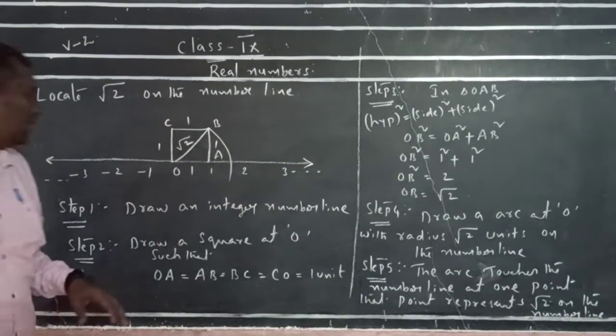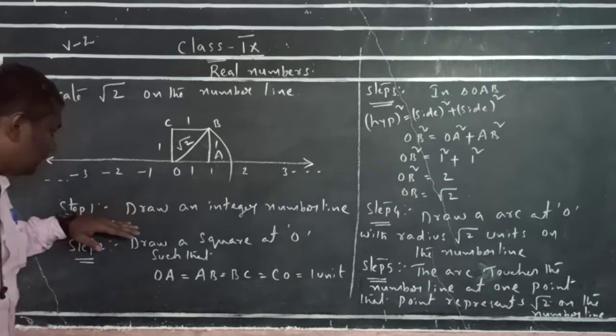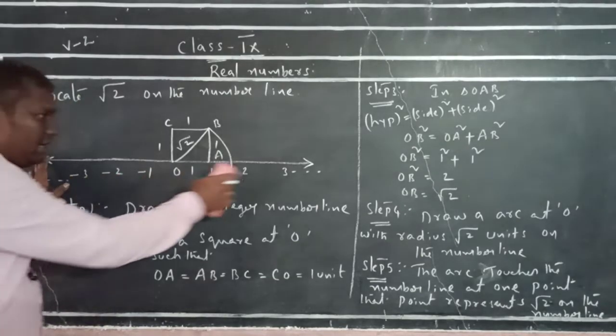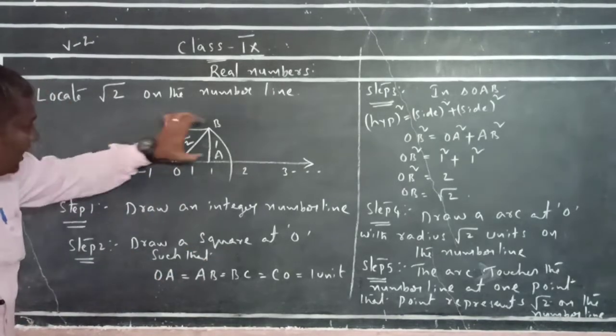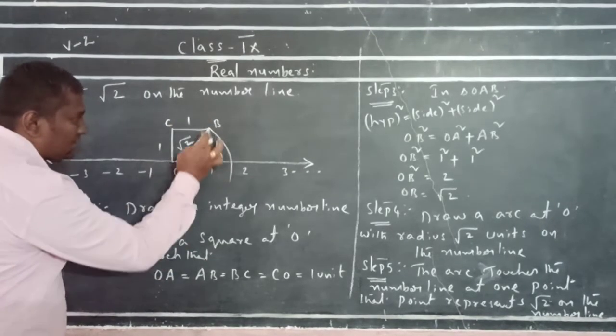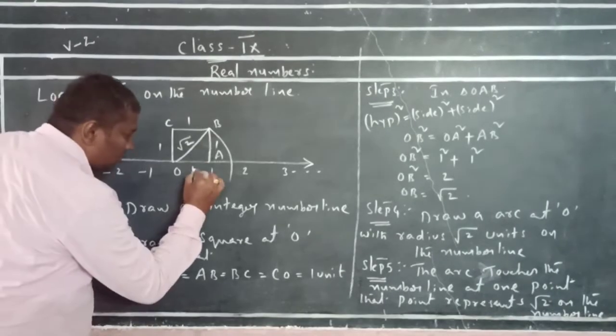Look here. First step, draw an integer number line. Draw a square at O. All sides are 1 unit. I will take 1 unit.